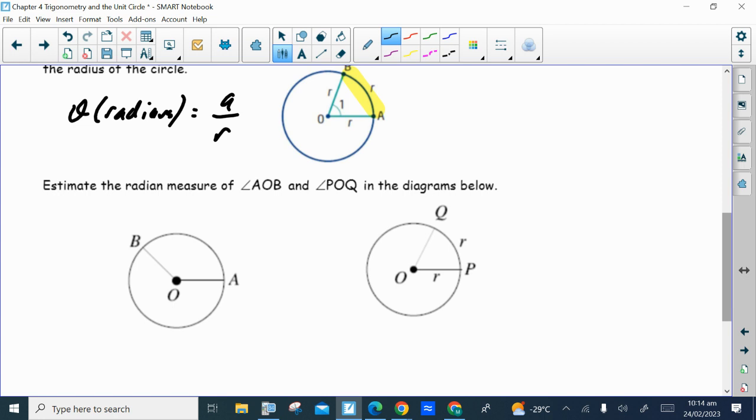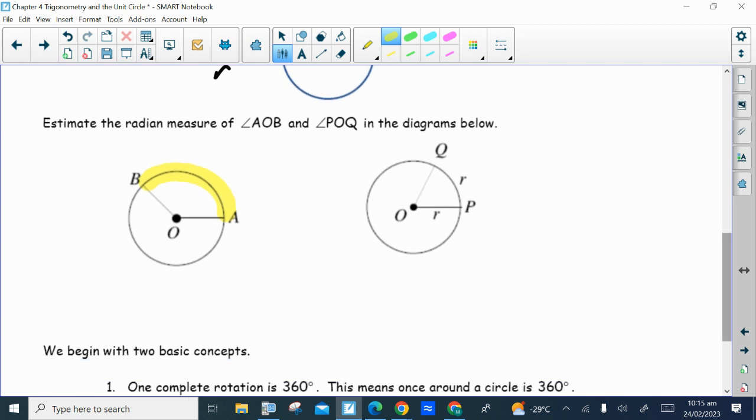So, I mean, you could get out a piece of string, measure the length of this arc using a piece of string, lay that string on that arc, and then compare it to the length of the radius r, and you would see that in this case here, the length of the arc is twice the radius, approximately.